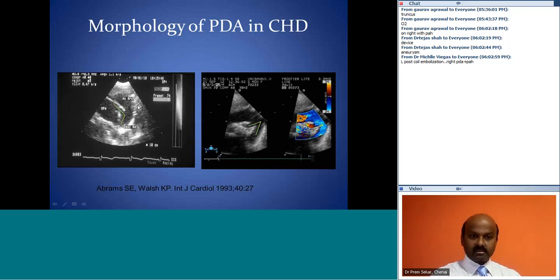And the group with pulmonary stenosis and pulmonary atresia had a very acute ducto-aortic angle, usually 43 mean for the PS group and 25 for the pulmonary atresia group. So this is important again for planning management of these patients with pulmonary atresia when you are going to stent the ductus.